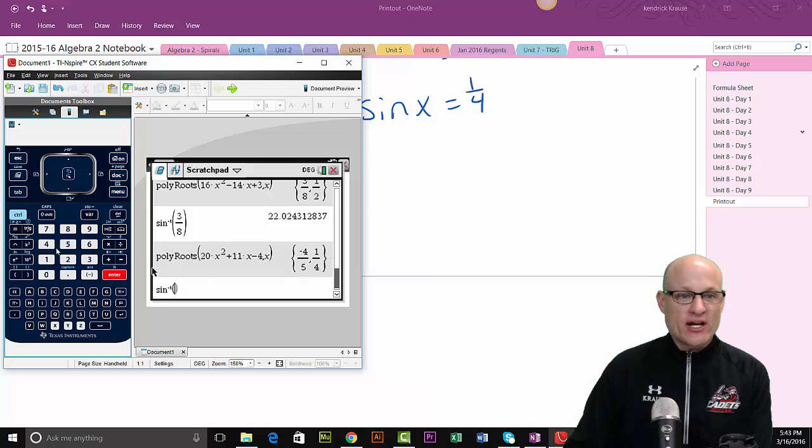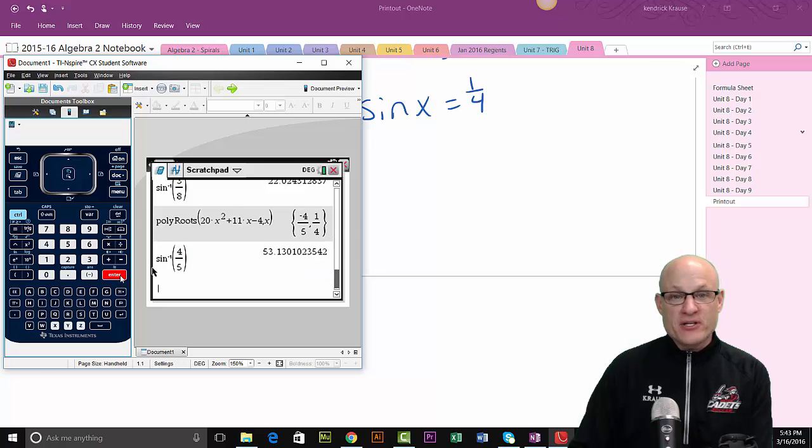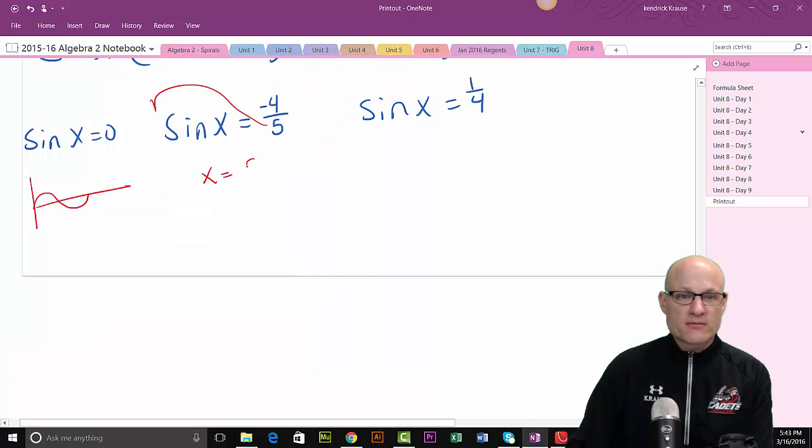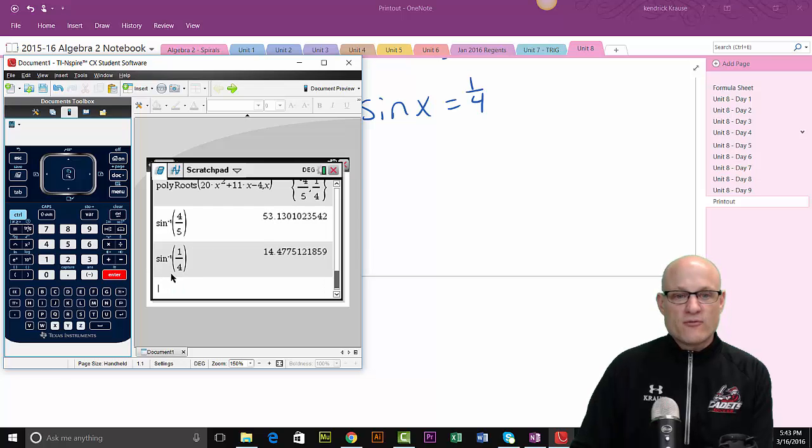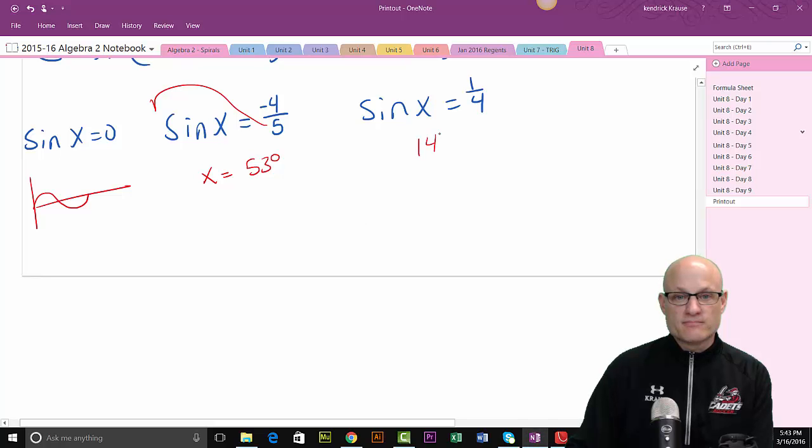It's just inverse sine of 4/5. And I get 53 degrees. And then I'm going to do inverse sine of 1/4, 14.4, so this is 14 degrees.